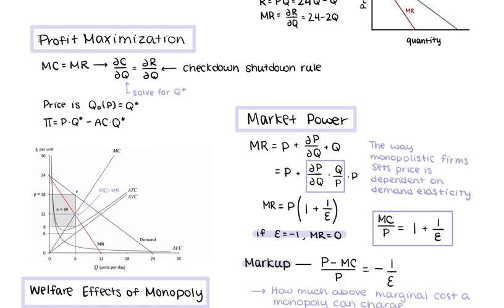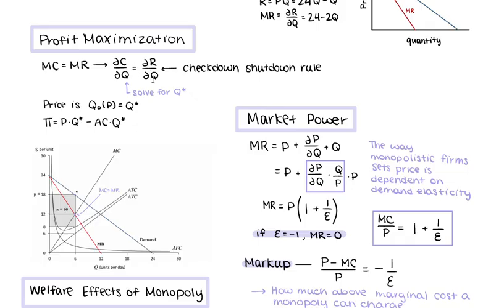So how do we do profit maximization? The marginal cost equals marginal revenue, and we differentiate each. We want to solve for Q star.